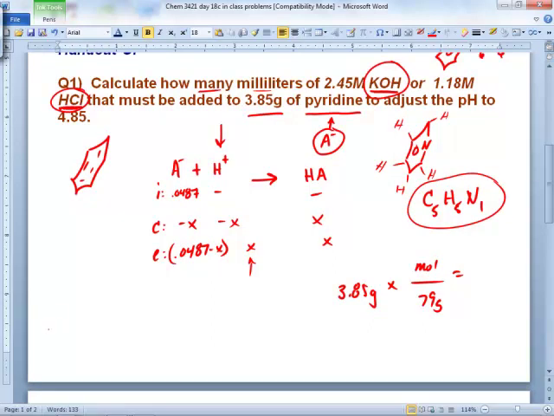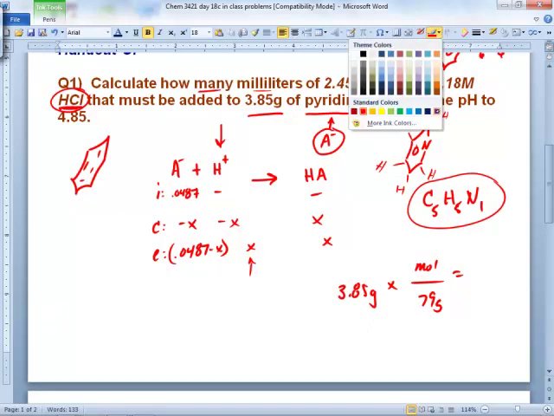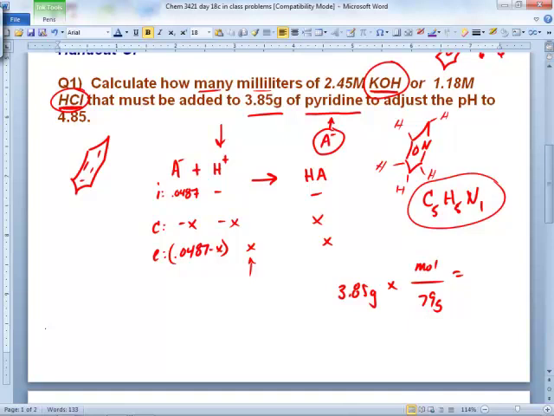Now let's put everything into our Henderson-Hasselbalch. Find the Henderson-Hasselbalch equation: pH equals pKa plus the log of the moles over the... We're going to need the pKa.